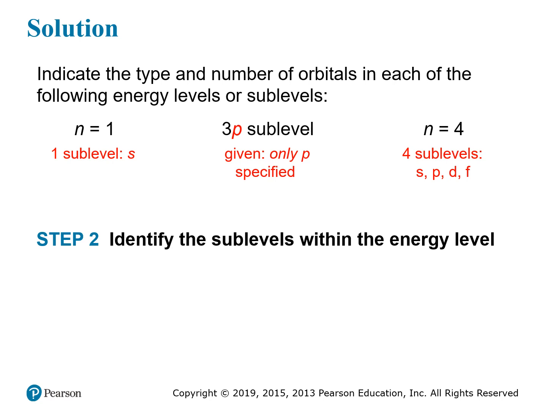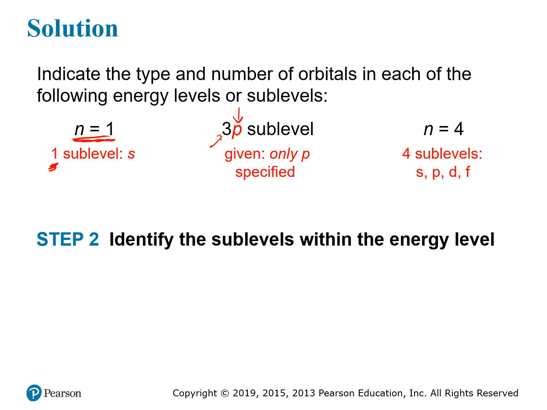And then you have to identify the sublevels. Okay, so for the entire n equals 1 energy level, because n equals 1, there's only one sublevel, right? The number of sublevels equals the n value. For this one, we know that for n equals 3, there should be 3 sublevels. However, this is specifying the p sublevel.